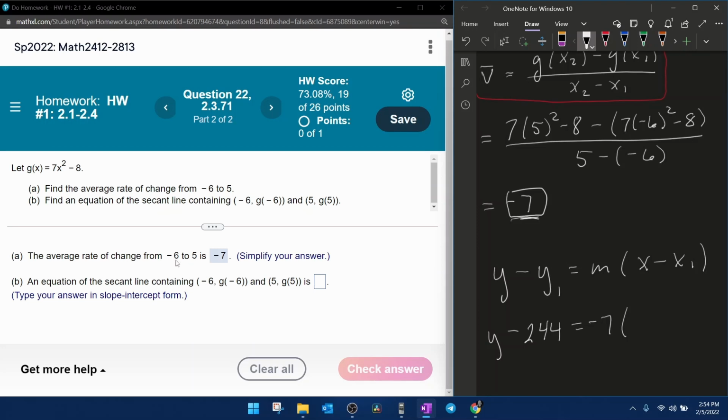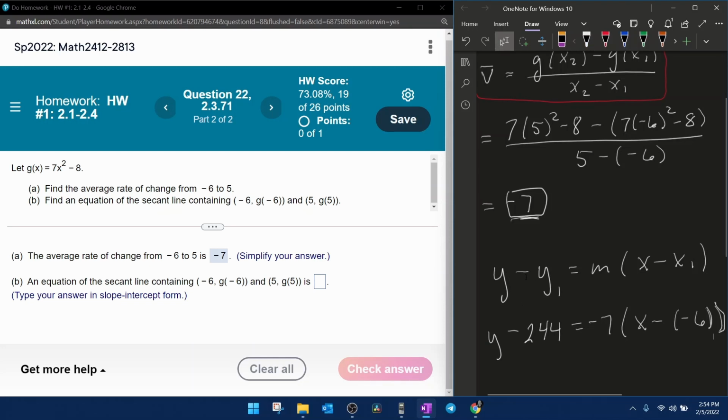See, as here, -6 to 5, -6 to 5. So the slope is going to be the slope of the secant line, which is the average rate of change. And then we're going to have x minus x1. So if this was y1, then this -6 will be x1. So let's make sure that that makes sense to everybody.